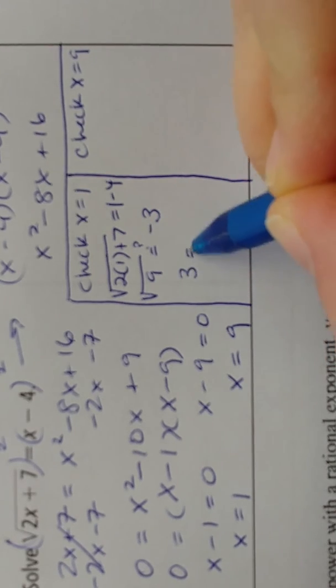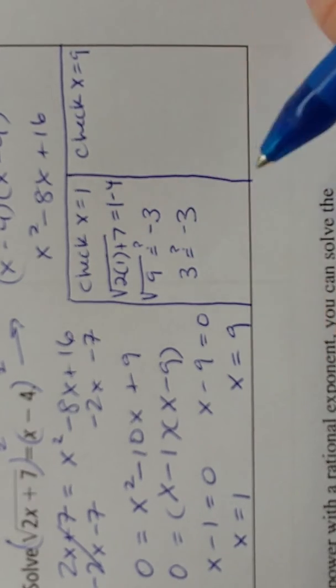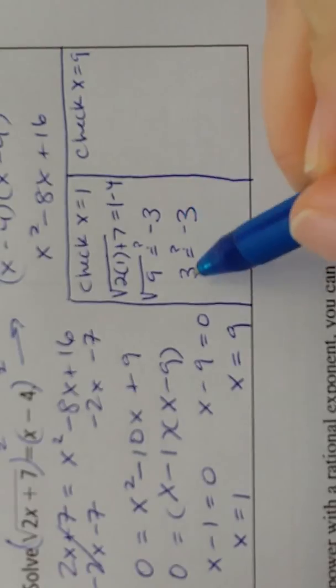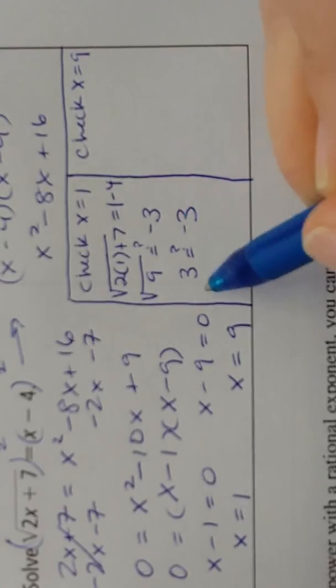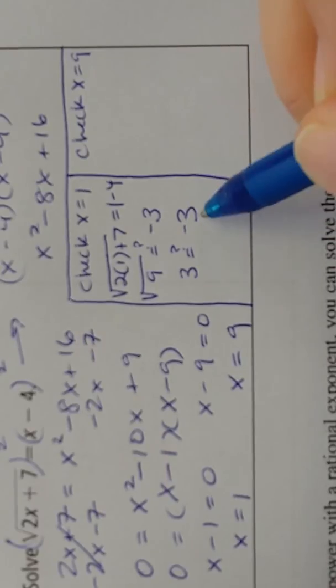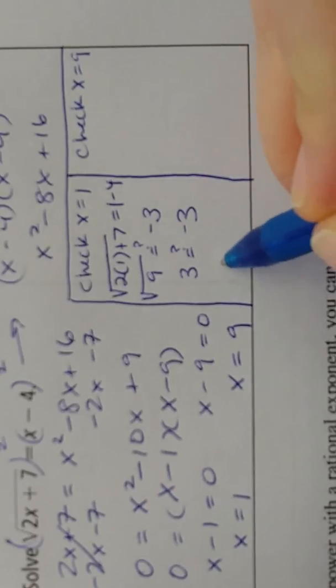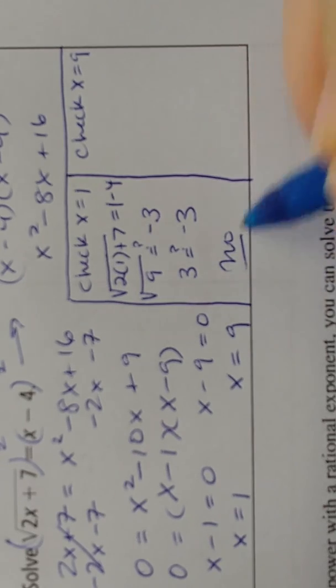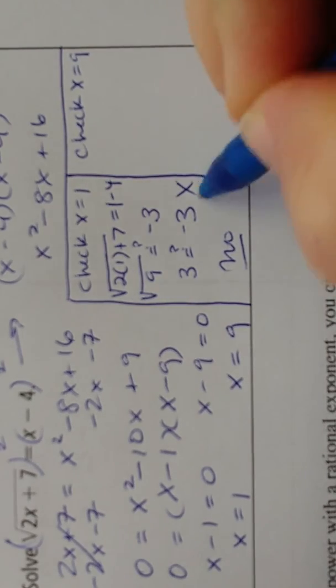Radical 9 is 3, and 3 does not equal negative 3. This is a false statement, but if I actually squared both sides, I'd get 9 equals 9, which is true. It's one of these freaky things that happens where when we square numbers, we might get something that's true even though they're not really supposed to be true. So this does not check. Sometimes I just put a little x next to it.